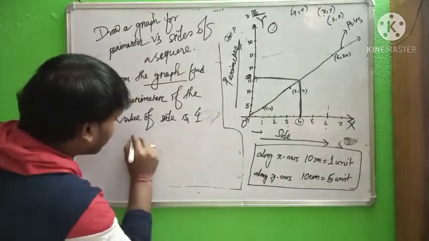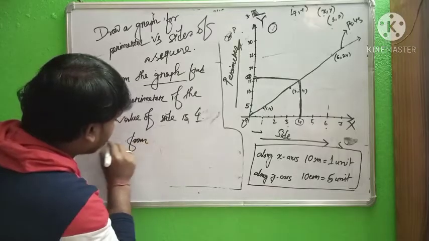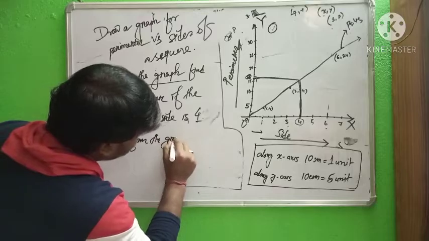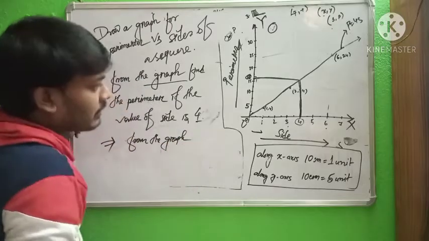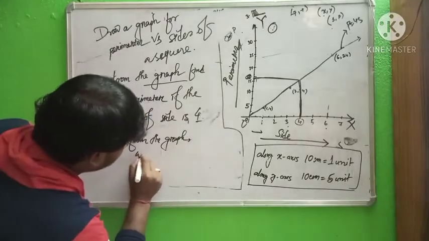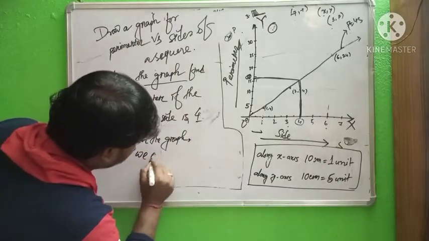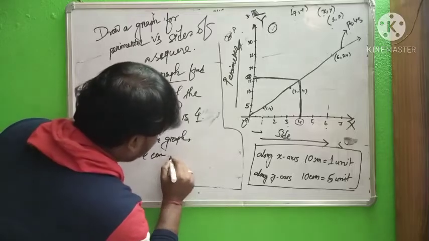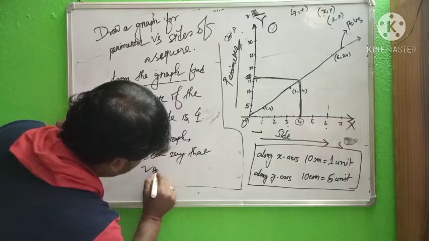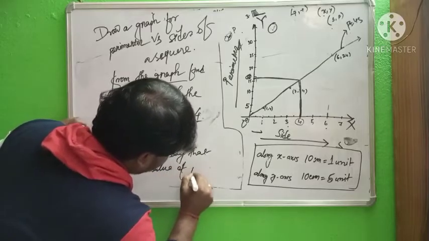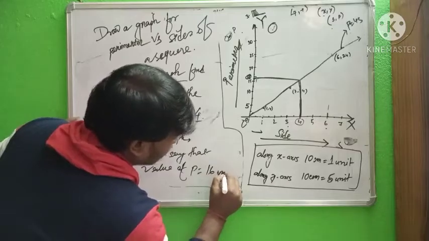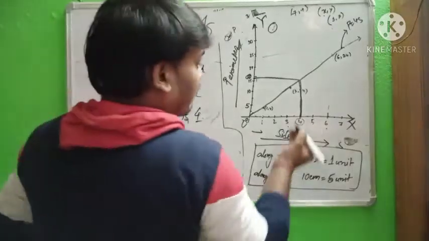So therefore, from the graph, we can say that the value of p equal to 16 meter.